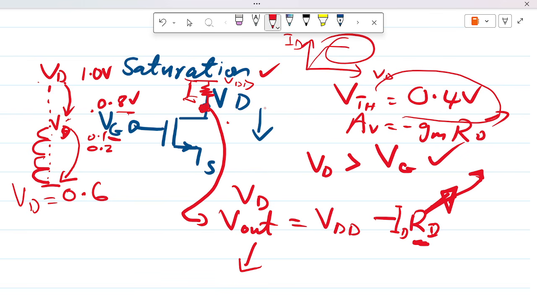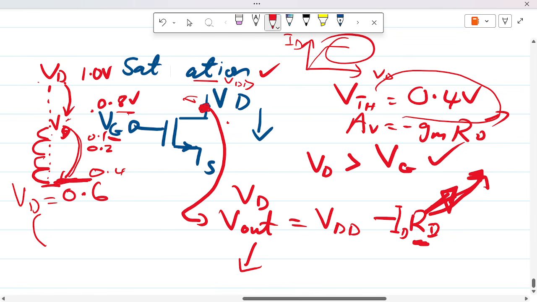So VD is less than VG, but the difference is just at the threshold, one threshold, and this is the edge of saturation and triode region. If VD further reduces, by our increasing this to get more gain, then the device will collapse into the triode region. In the triode region, we cannot operate the device as an amplifier.